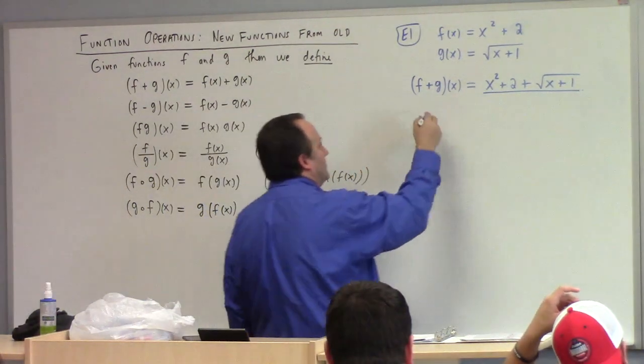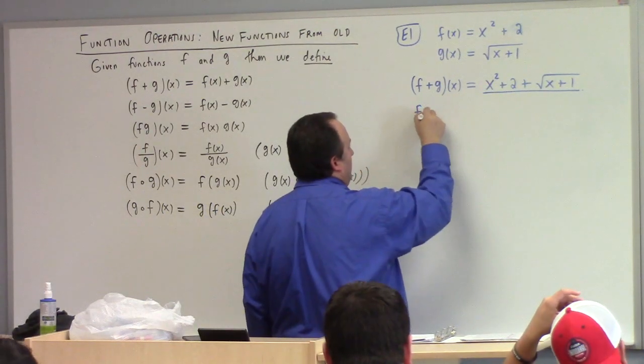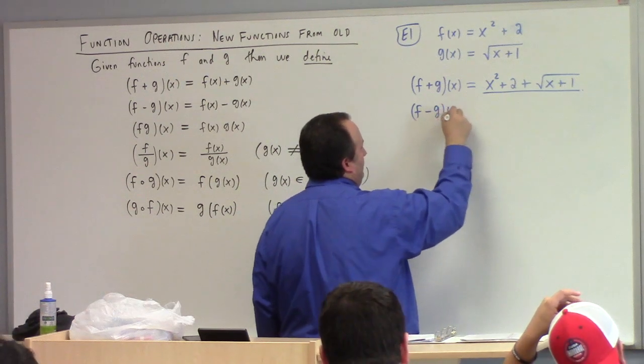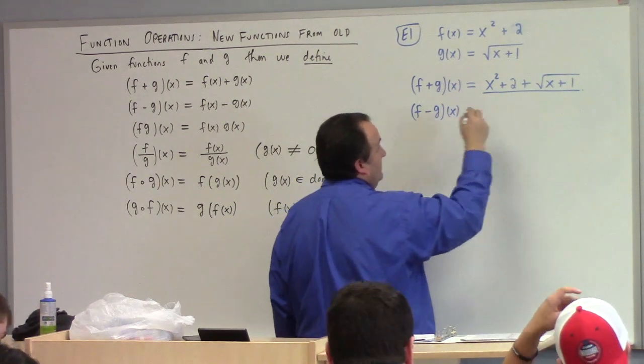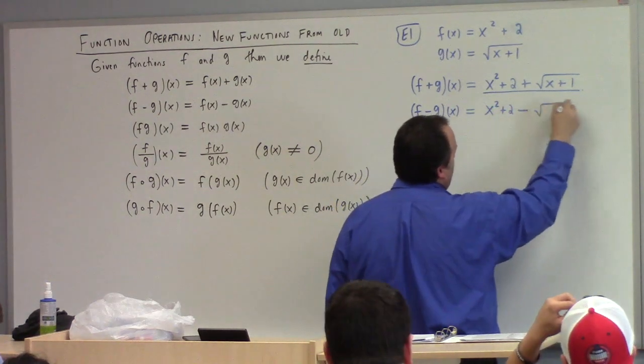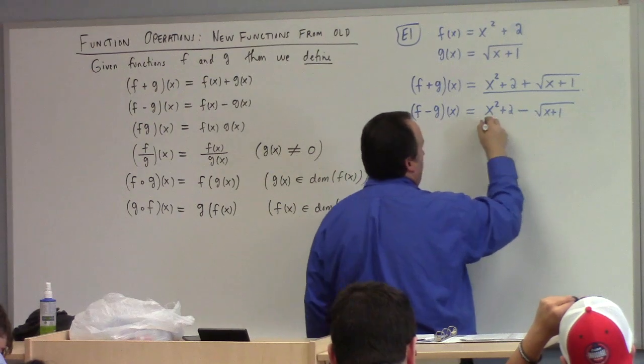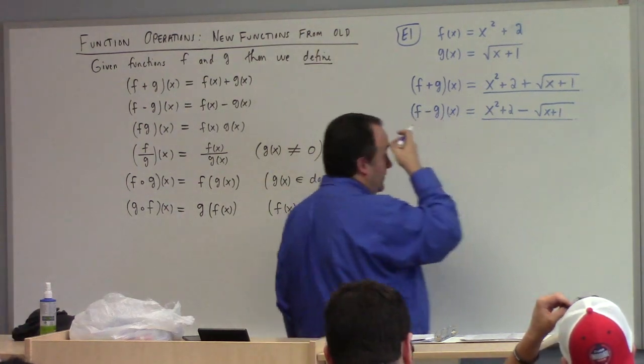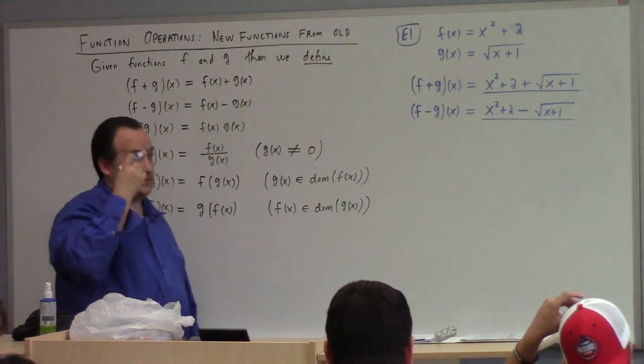And the subtraction is similar. f minus g of x is equal to what? Well, x squared plus 2 minus the square root of x plus 1. So there's that one. How about the product?